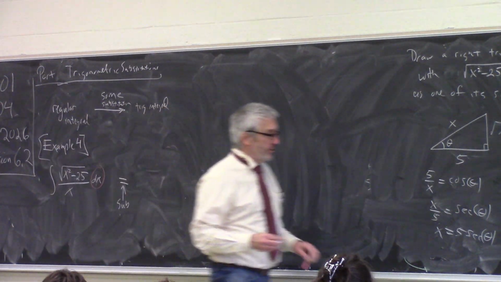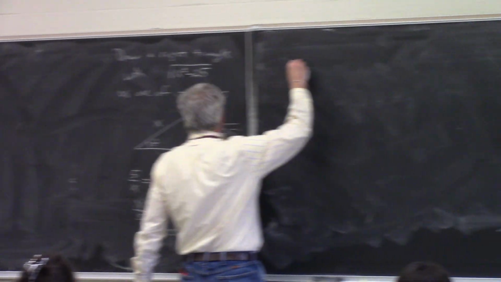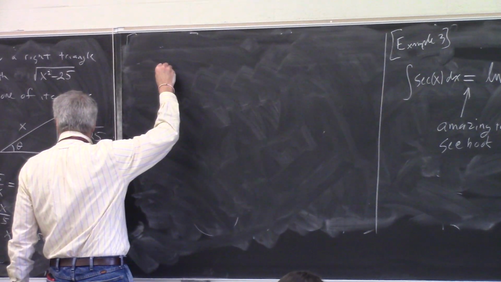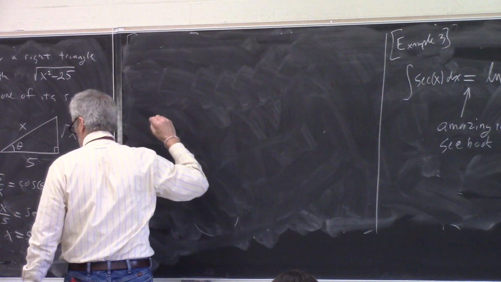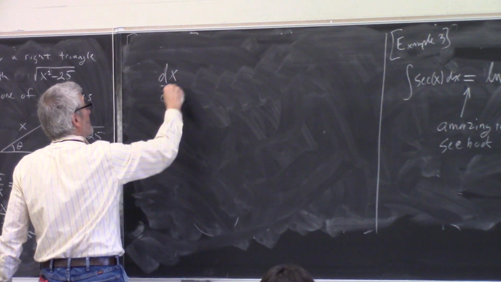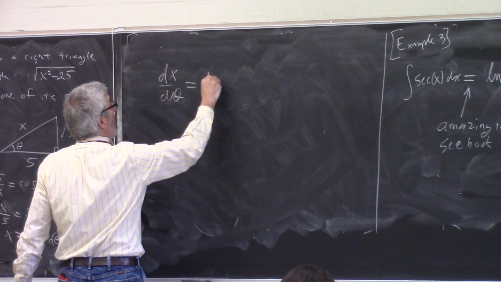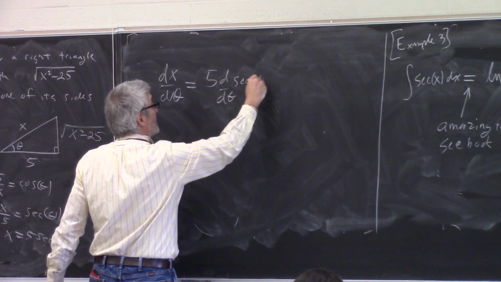See where that leads you. So dx d theta is going to be 5 times the derivative d theta of secant theta.